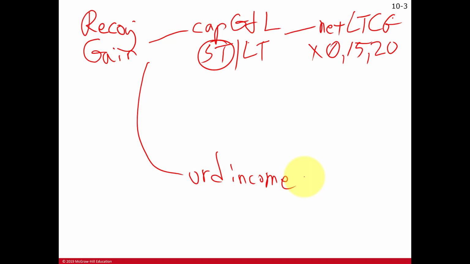Another situation where gain can be taxed differently is if you're disposing of a Section 1231 business asset. Typically, these are depreciable assets, including land used in business.